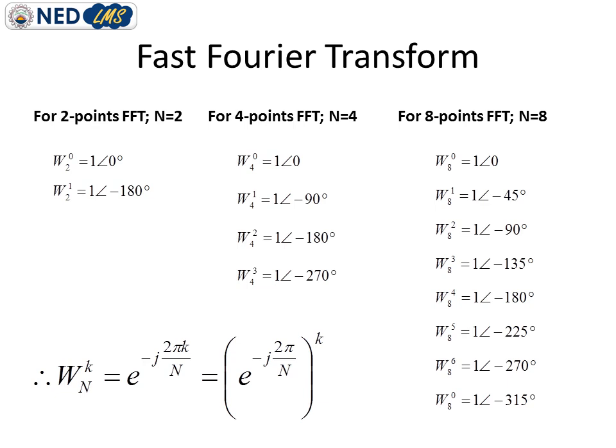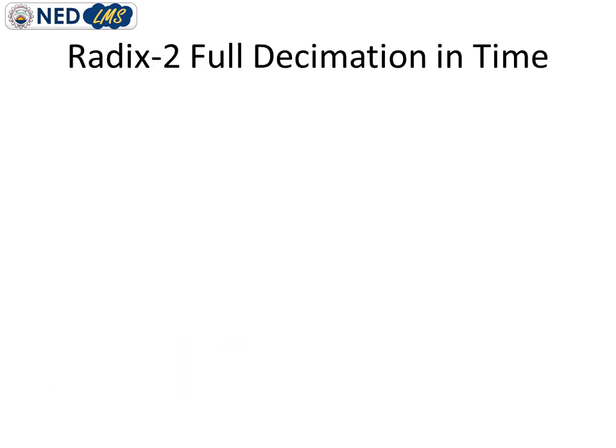So here is the basic structure, or the butterfly diagram, which composes the FFT algorithm, a very popular algorithm, which is the radix 2 algorithm. And the radix 2 algorithm is basically that algorithm which is decimated fully in time.